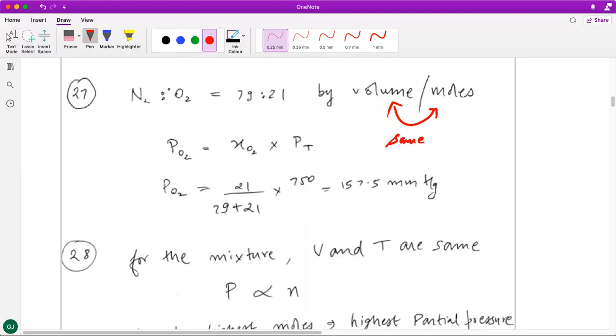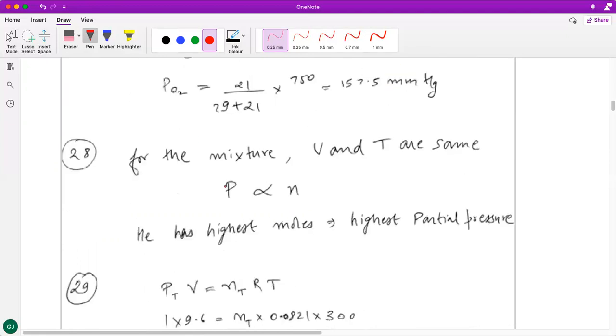And you use the straightforward formula that we have learned in the class, that partial pressure of a gas is equal to its mole fraction into the total pressure. So mole fraction, you got moles of O2 upon the total moles. That is 21 upon 79 plus 21. Okay, because that is their composition. You will get the partial pressure of O2.